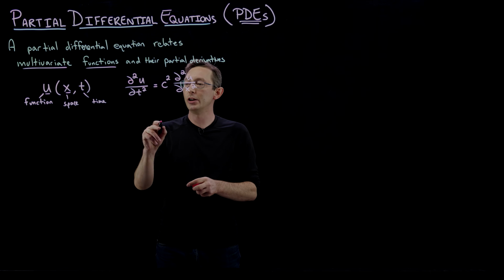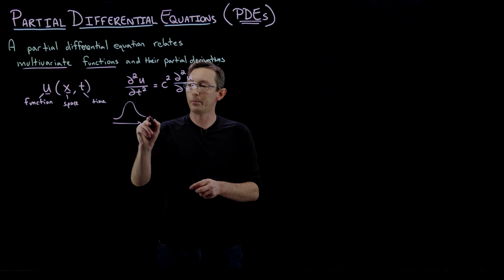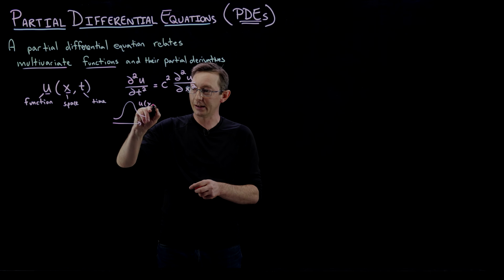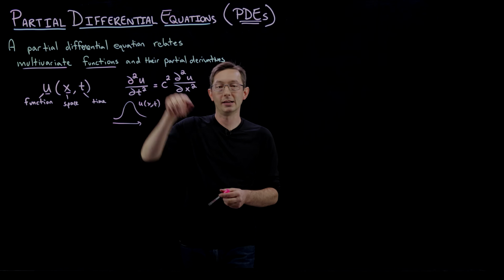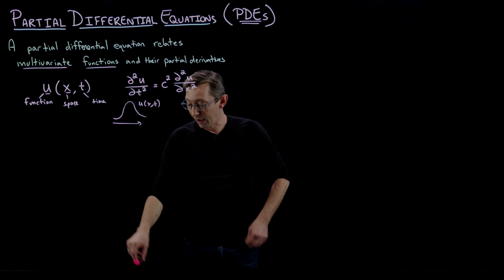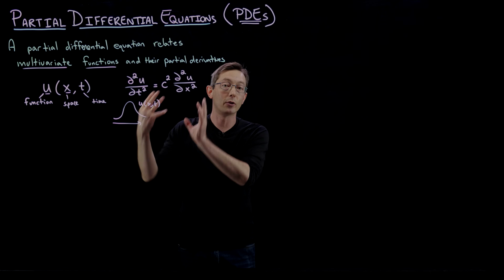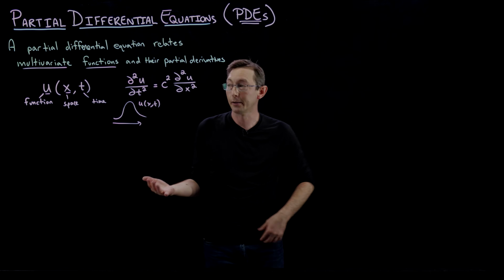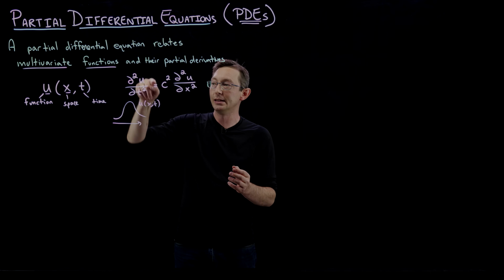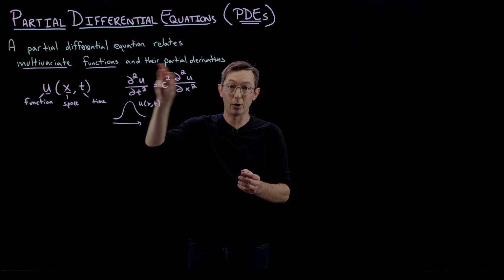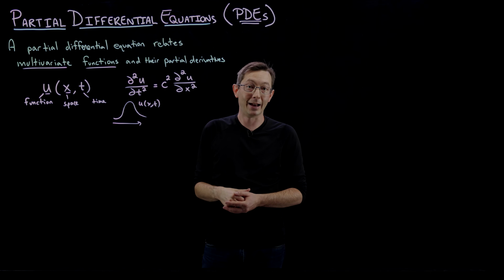This would be the equation for a wave u of x and t propagating at some constant velocity c. We can derive this, we can analyze this. This is just one example of what a partial differential equation looks like. Again, it is a relationship between some function u and its partial derivatives. Here I have a partial derivative in t and a partial derivative in x.